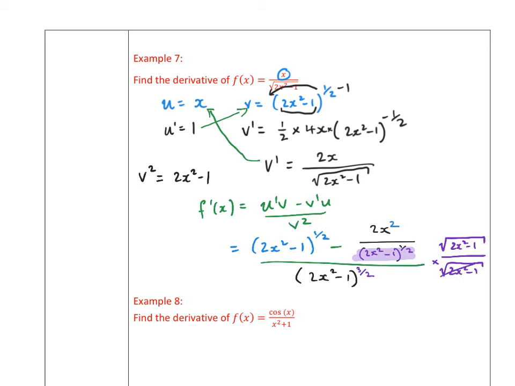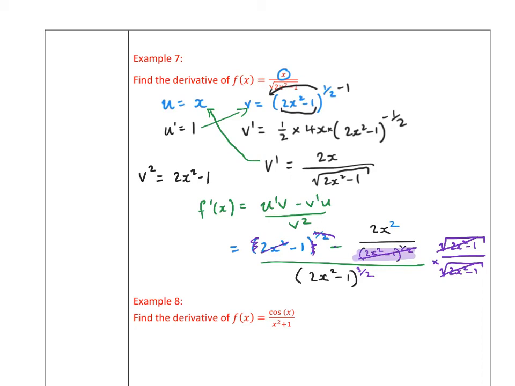I know that if I'm multiplying root 2x squared minus 1 and dividing by the same thing, that now cancels. And if I multiply 2x squared minus 1 to the half by itself, that will cancel as well. So on the top line here, I'm left with 2x squared minus 1 minus 2x squared.